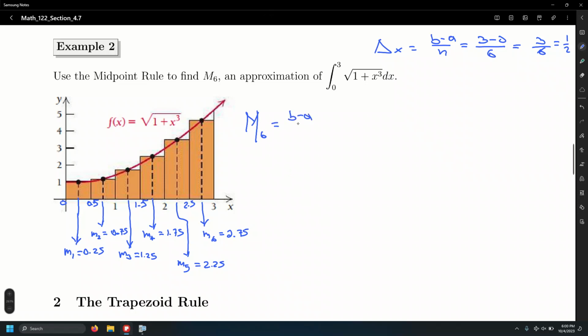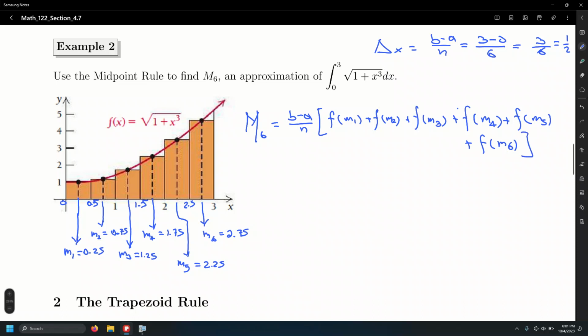That'll be B minus A over N, and then we will evaluate f at M1 plus f at M2 plus f at M3 plus f at M4 plus f of M5, and lastly plus f of M6. All right.